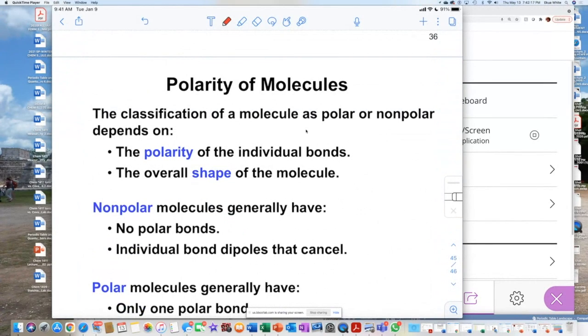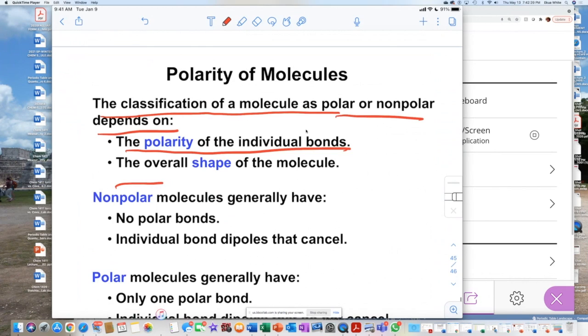But yeah, so after we see all this, we're going back to where I was. Remember how I went over polarity of molecules and we saw that? So we're told here by the slides, the classification of a molecule as polar or nonpolar depends on the polarity of the individual bonds and the overall shape of the molecule. Here's where you go into that table, right?